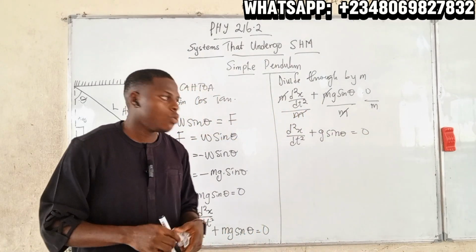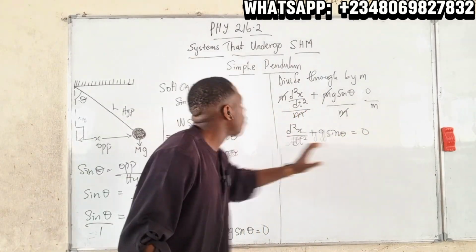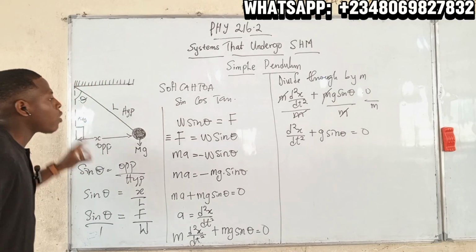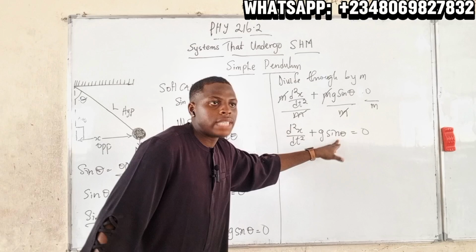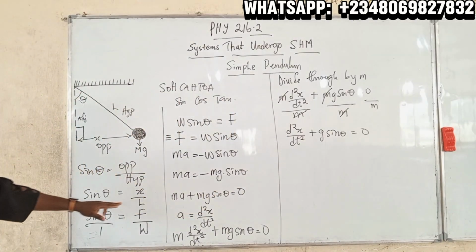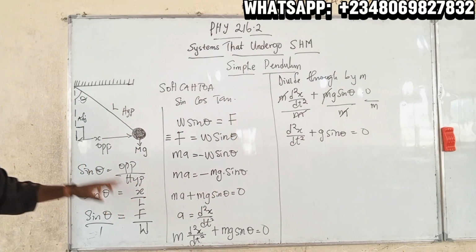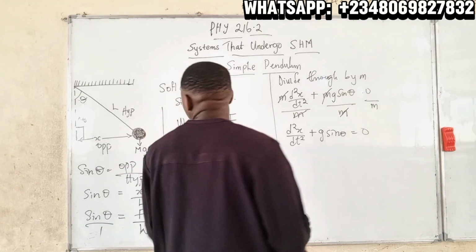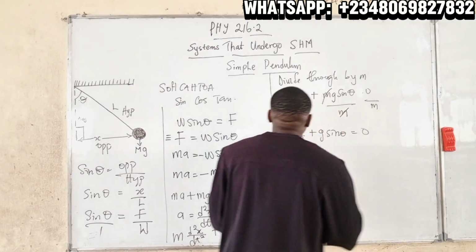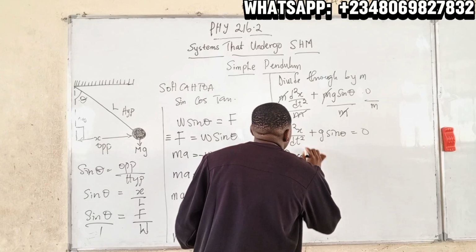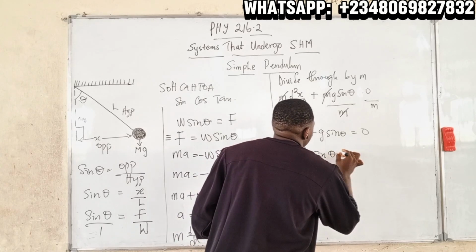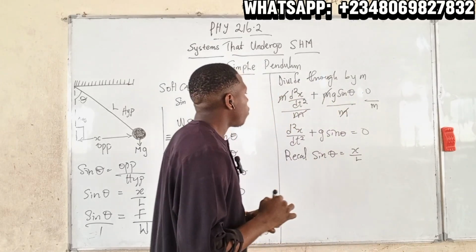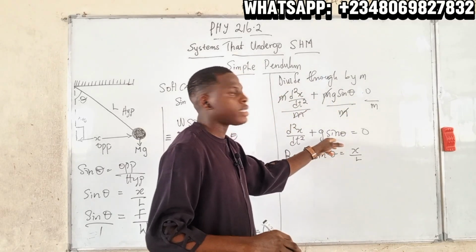Are we done? No. Remember, I told you that when we are considering the triangle, your sine theta is simply s over L. So we are substituting x over L for sine theta.